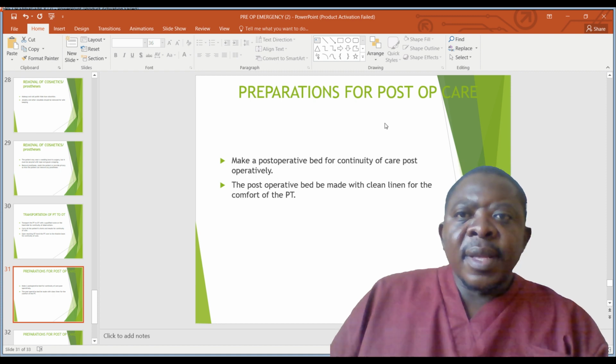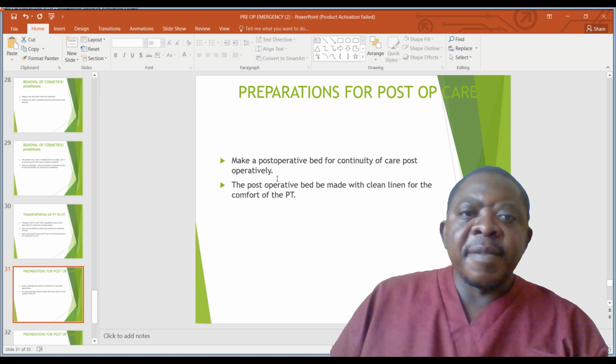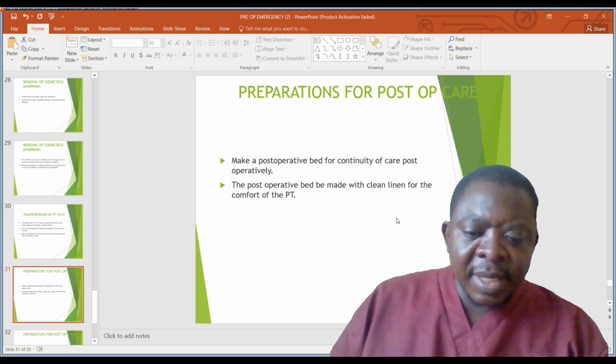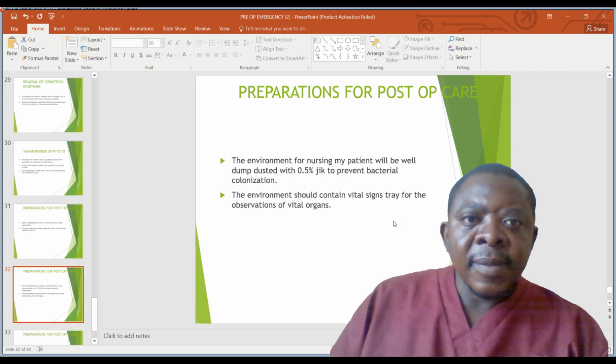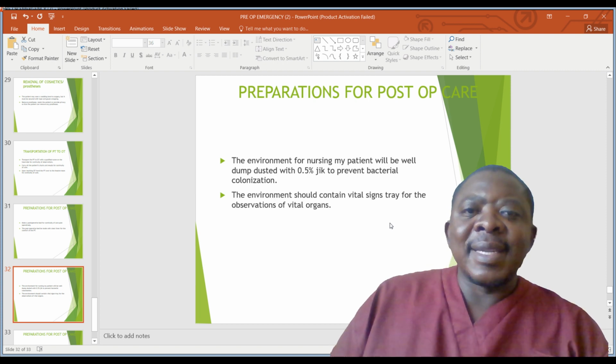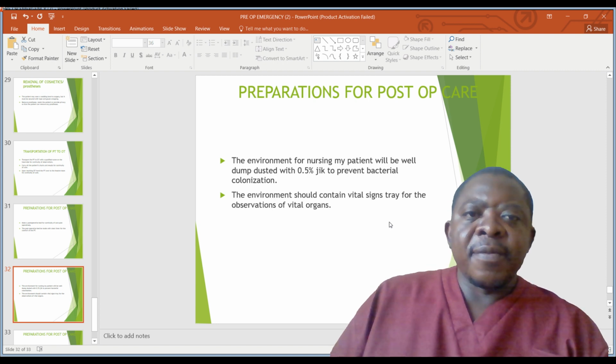Then preparation of post-operative care and beds. You can make a post-operative bed for continuity of care. The postoperative bed should be made with clean linen for comfort of the patient. The environment for nursing your patient should be well dusted to prevent bacterial colonization and nosocomial infection.